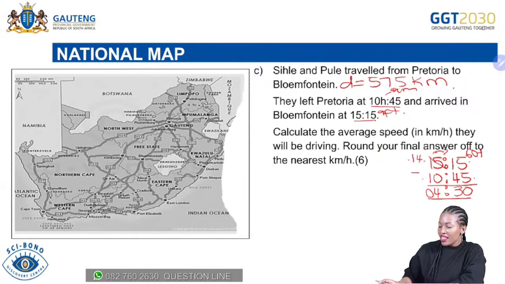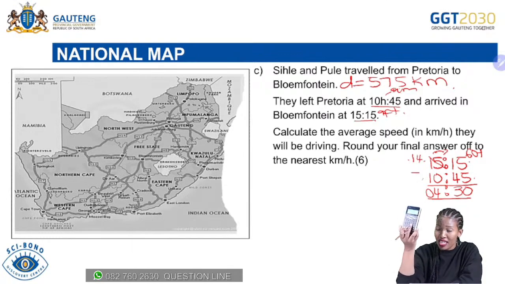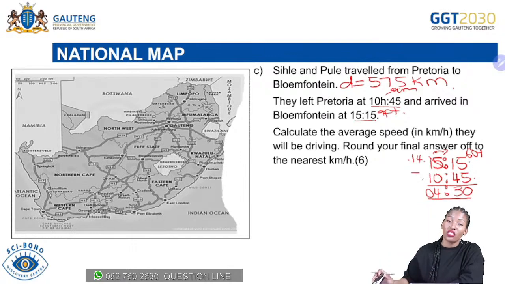And then, guys, there's also a much easier way of calculating elapsed time using your calculators, either this Sharp calculator that you got from your school or your special Casio calculator. You should be able to calculate the elapsed time. If you don't know in grade 12 at this moment, please make sure to ask your teacher to show you how to calculate time using your calculator, or you can use this method that I showed here.